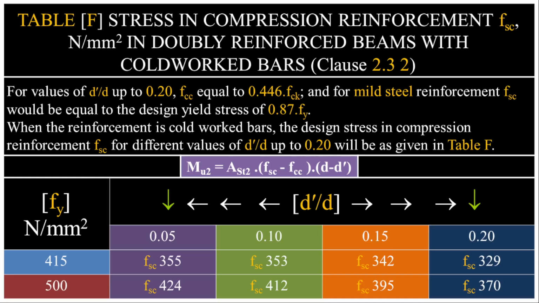At d'/d equals 0.10, fsc is 412. At d'/d equals 0.15, fsc is 395. And at d'/d equals 0.20, fsc is 370. This table is crucial for accurately determining the stress in compression reinforcement when designing doubly reinforced beams with cold worked bars. Now, for more detailed explanations regarding these points, let's move to the next slide.